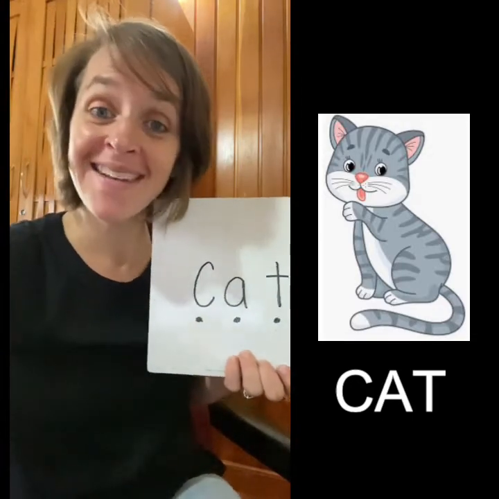Let's try another word. Okay, so I have a new picture and a new word that we can practice listening and finding the beginning, middle, and ending sounds of the word. So on the screen, you see, what is that picture of? It is a bed. A bed.